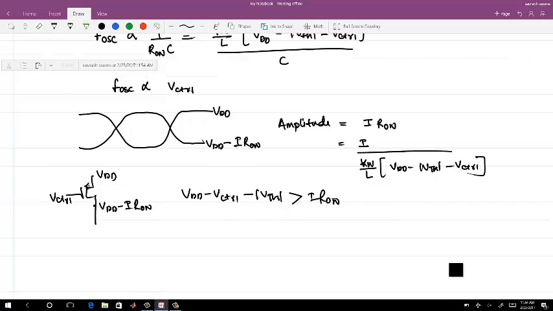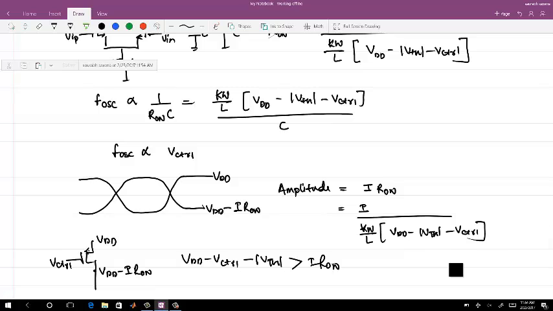One remark here: if I want a larger oscillation frequency, I need a lesser V control, as per the equation coming here. So it's a negative gain. You need to take this into account when you are making the whole PLL loop.